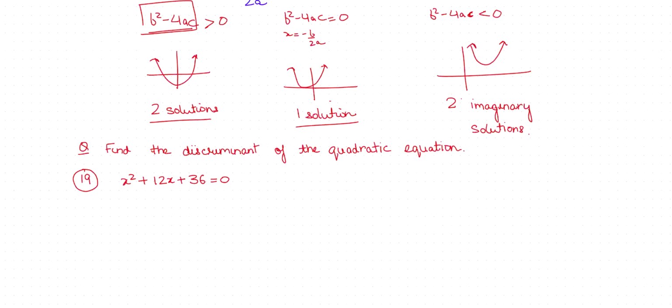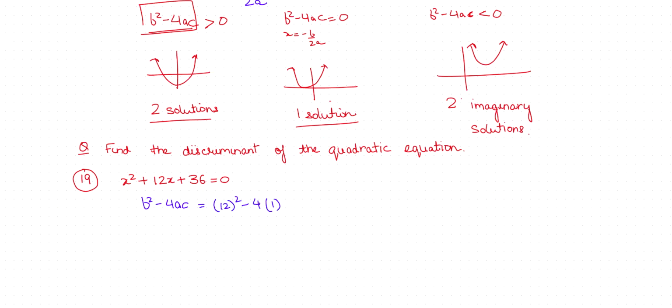Now in this question, we have to find the discriminant and see whether it has one solution, two solutions, or no solution. The discriminant is b² - 4ac. We see that b is 12, so 12² minus 4, a is 1, and c is 36.